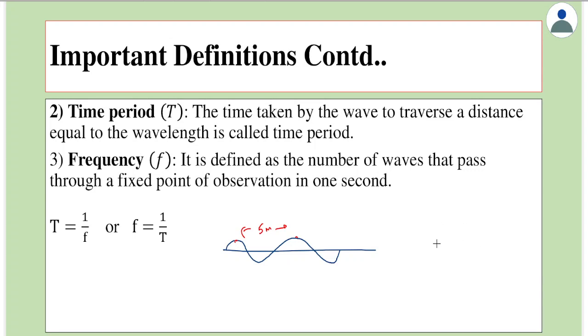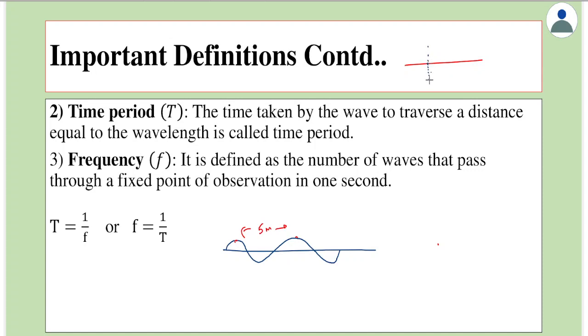Suppose you have an opening here, a small point here, and we let the waves pass through this point. If we count the number of waves passing through this point in 1 second, that's called frequency. We can define it another way, in terms of particle oscillation: it is the number of oscillations a particle does in 1 second.